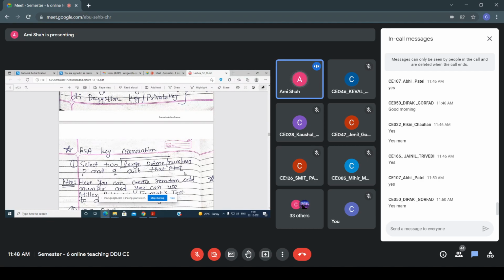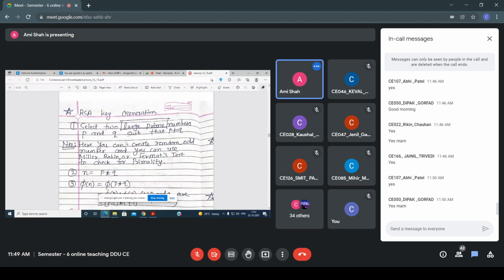Initially in the RSA algorithm, you have to select two large prime numbers p and q such that p is not equal to q. In our example, we have taken very small numbers for convenience. But in real life, two large prime numbers are taken. In your implementation, when you perform this program in a lab session, the user can enter any value of p and q.